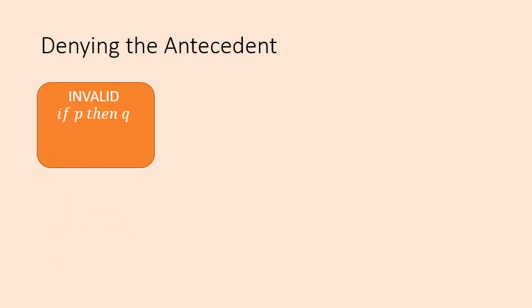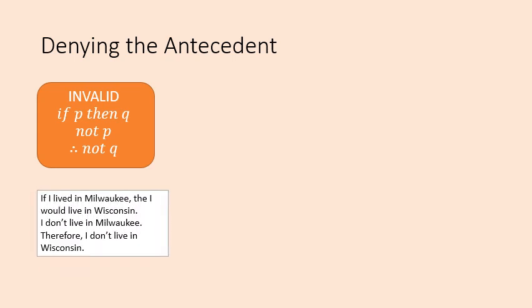You start off with the conditional, right, the antecedent and the consequent. And if you find out that the antecedent isn't true, and you try to conclude that the consequent isn't true, you're not going to have that guarantee, right? So truth is not guaranteed in this case.